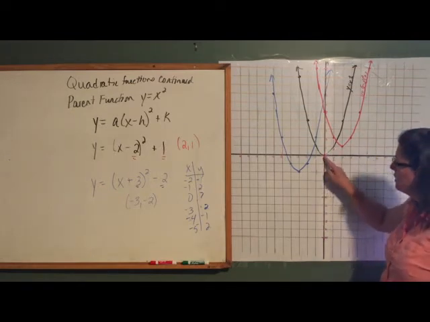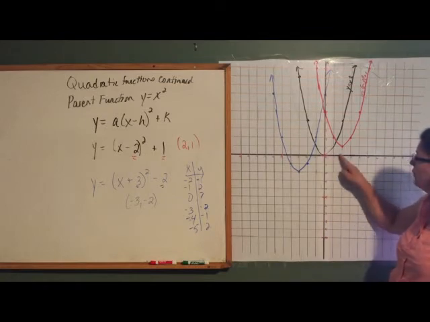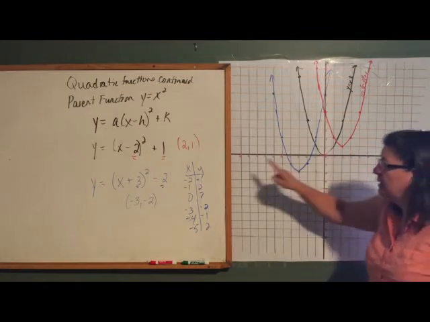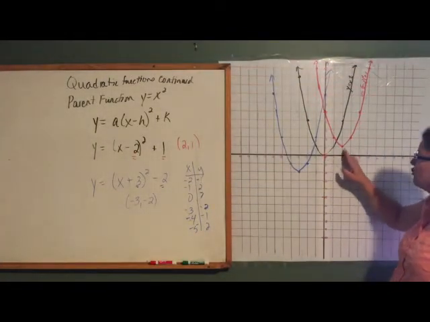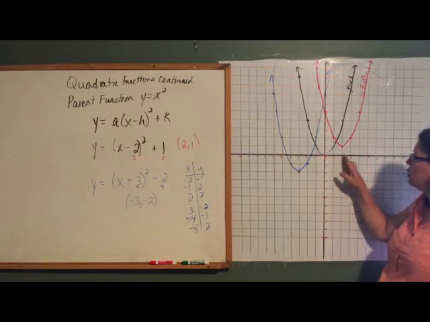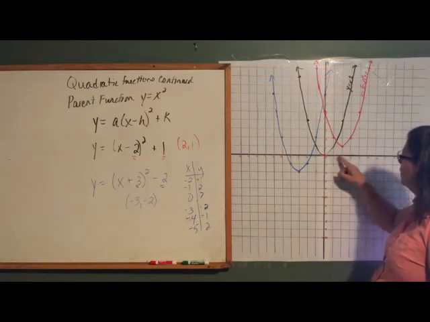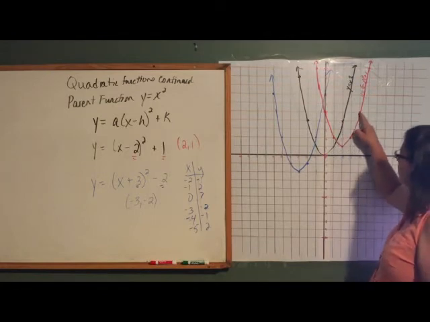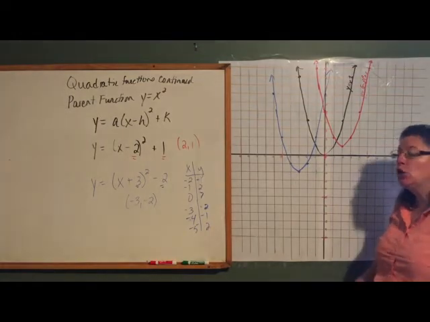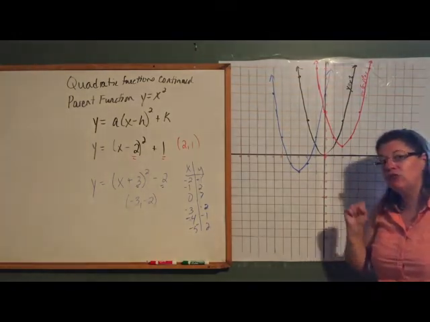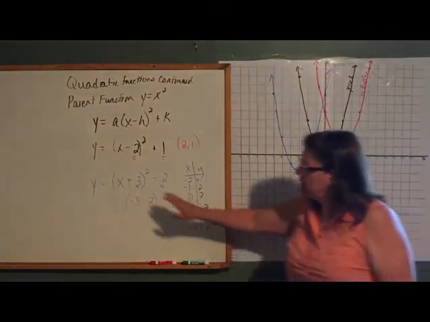Our origin was at 0, 0 in the parent function, but here the origin moved right 2, up 1. This entire parabola has a slide, or a translation, that is going right 2, up 1. This point 1, 1, right 2, up 1. There it is. The point 2, 4, right 2, up 1. There it is. So every single point on the black is transforming to the red by using the translation right 2, up 1.